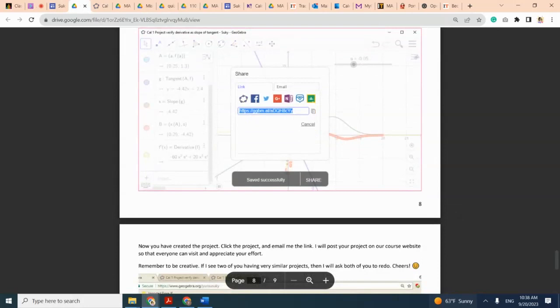So how many extra credits can you get? This is GeoGebra projects. There are 2 projects, each is 0.5, so you can get at most 1%. And then you also have the attendance bonus. If you miss no more than 2 classes, you also get 1% bonus. And then you have the note-taking bonus. If you have been taking all your notes and show me at the end of the last week of the semester, you also get 1%.